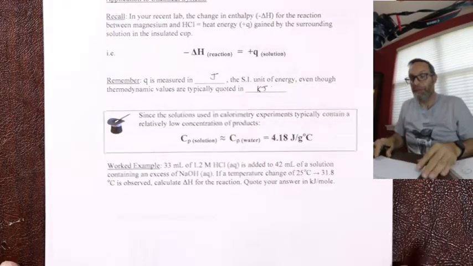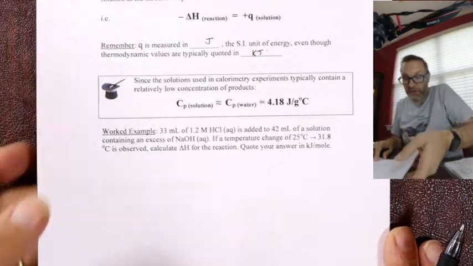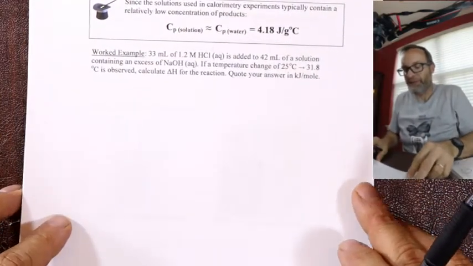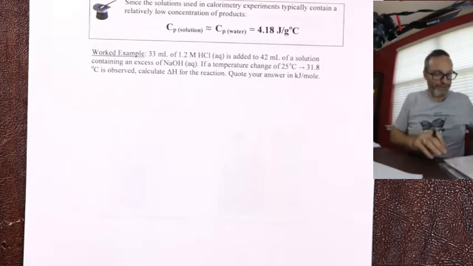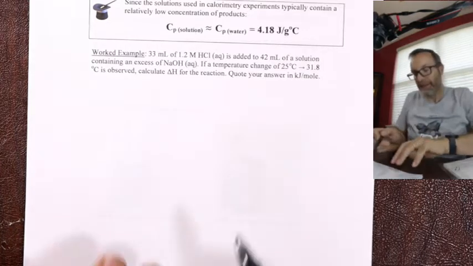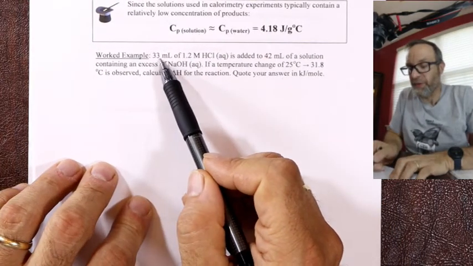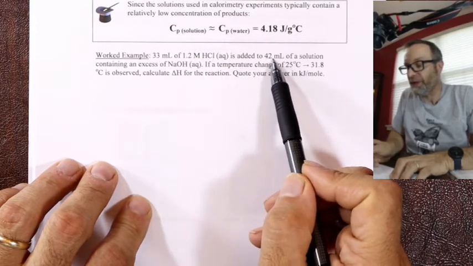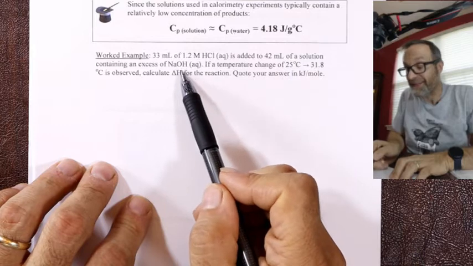All right, so let's do the math, and this will be very useful for you, that experiment we're gonna do. So in this one, we're gonna literally emulate your experiment. So 33 milliliters of 1.2 mole HCl is added to 42 milliliters of a solution containing excess NaOH.